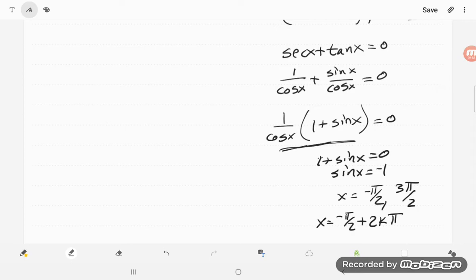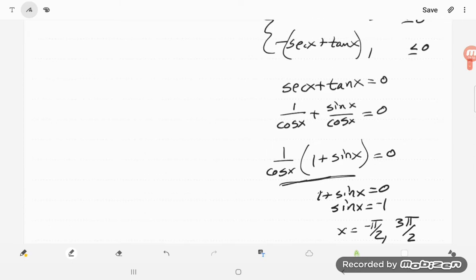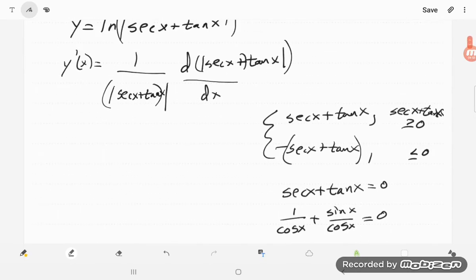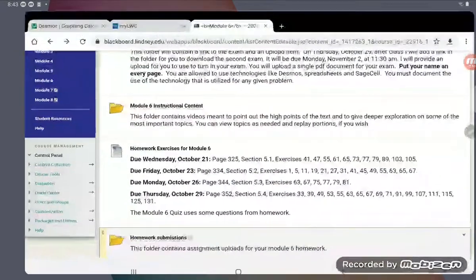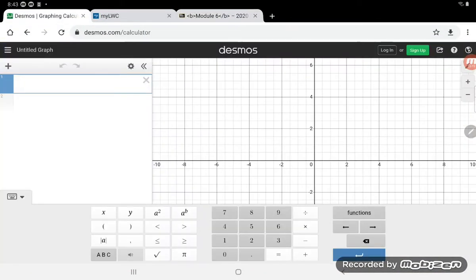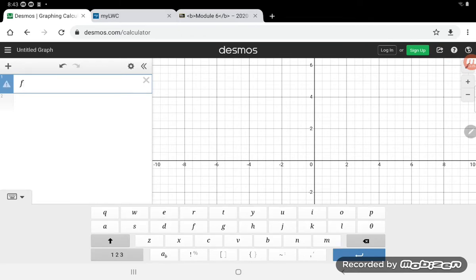Now, what I might do instead is, way back here, actually just look at that function. So I'll go to the web. I have a graphing calculator here, and I'll call it f of x.